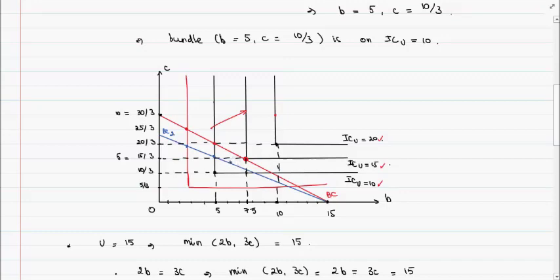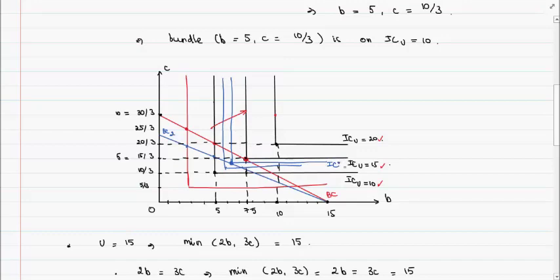Okay, so for example, if I pick a bundle over here, corresponding to this bundle, this is going to be the indifferent curve. Then this bundle over here is going to be the optimal bundle in this case. The reason is because it is lying on the highest indifferent curve possible. Now if you pick this bundle over here, for example, then corresponding to that is going to be this indifferent curve here, which as you can see is lower than the indifferent curve IC star that we have.